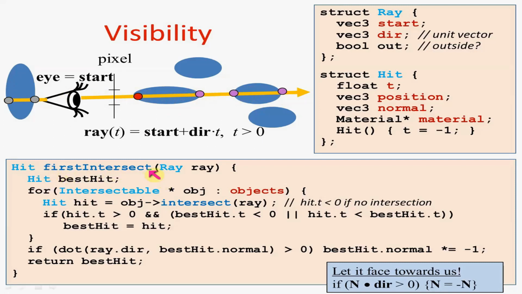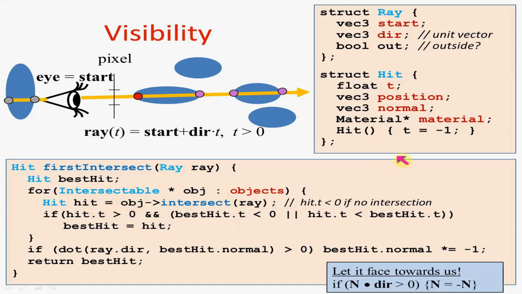Function first intersect finds this point by trying to intersect every single surface and always keeping the minimum and positive ray parameter t. The implementation assumes the existence of an intersect function for every object type, which returns a hit structure if there is an intersection.